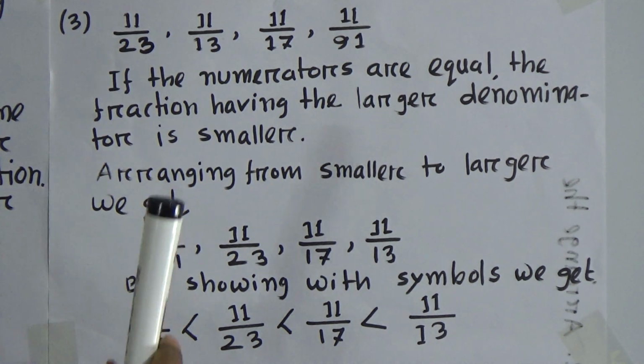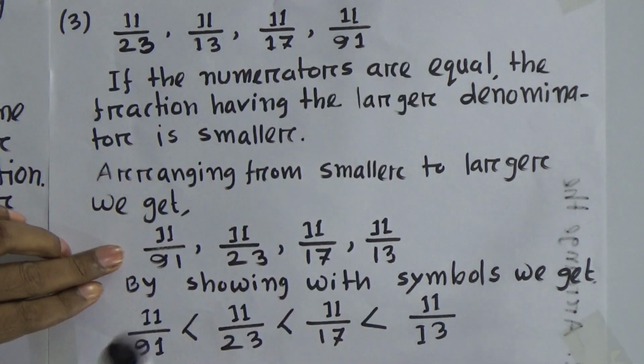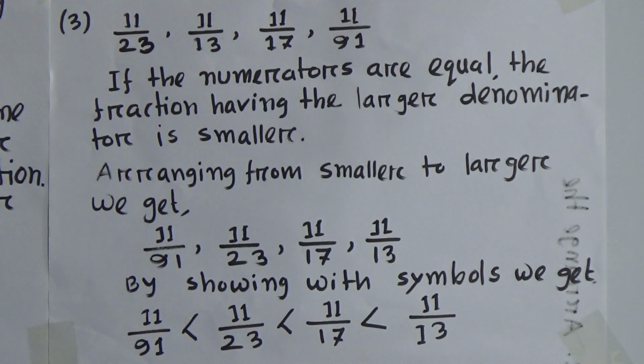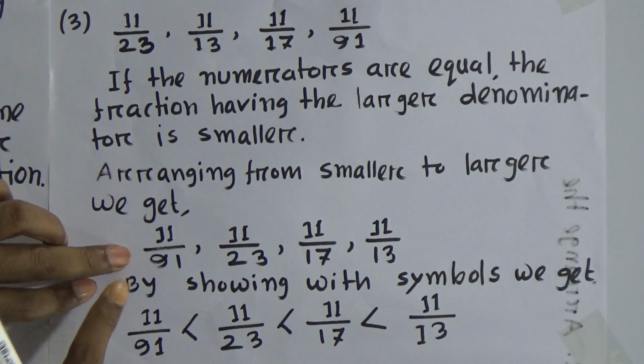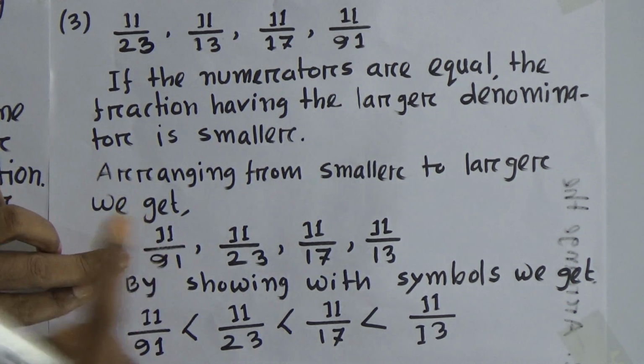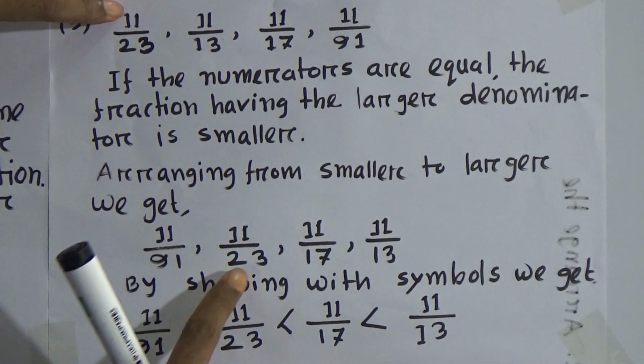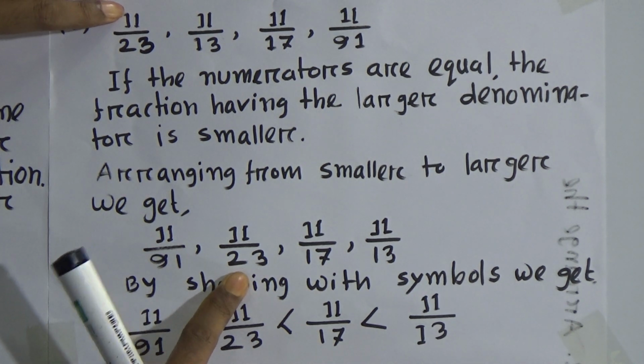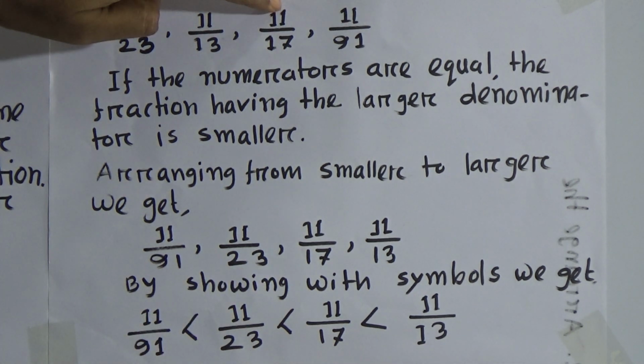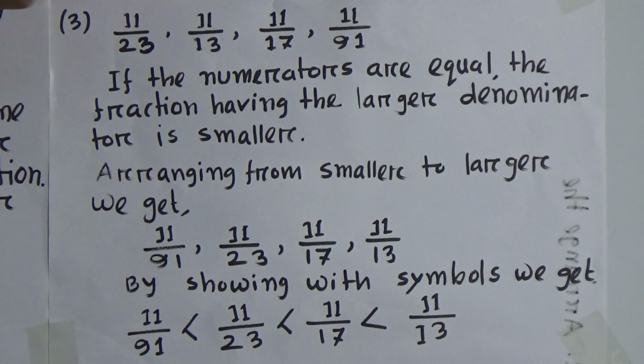Okay? Look, among the denominators, which one is the larger? 91. So 11 by 91 is the smallest. Then 11 by 23. Then which one? 11 by 17. Then 11 by 13. Okay, student?